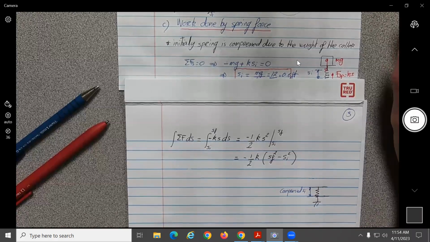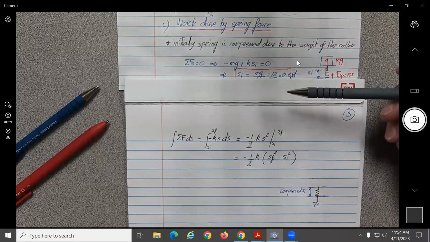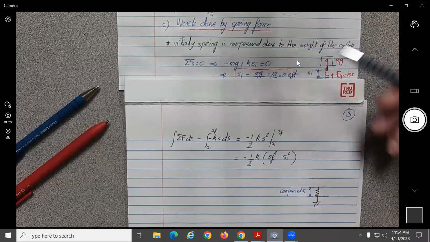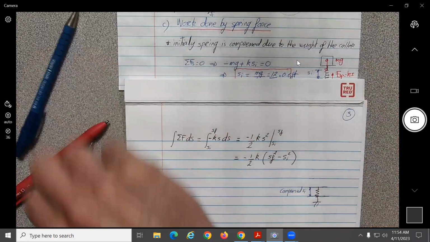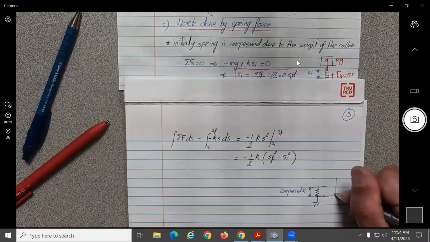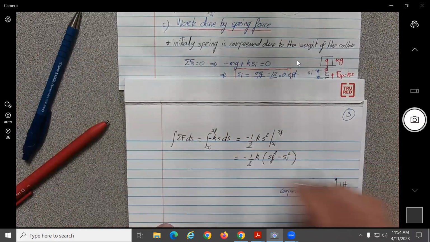I mean, guys, do you understand the issue here or not? So we can say that all this stuff here is 1 foot, no?